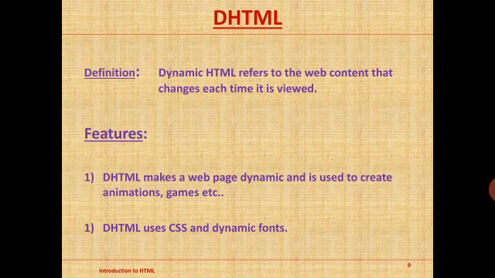First feature is it makes a web page dynamic and it is used to create animations, games, etc. Second feature is it uses CSS, means cascading style sheets. Also, it uses dynamic fonts.